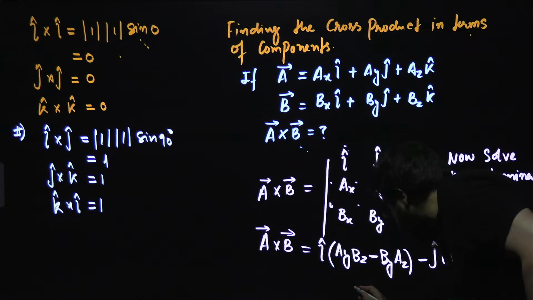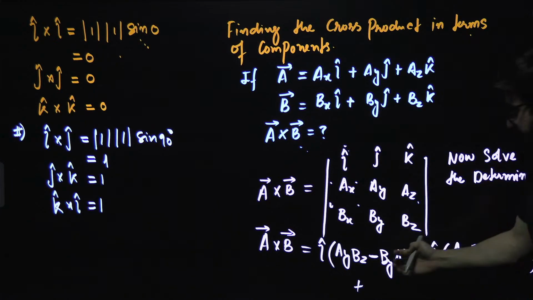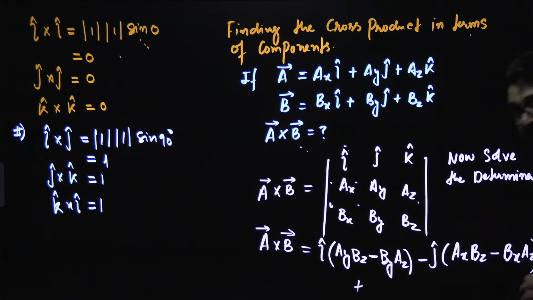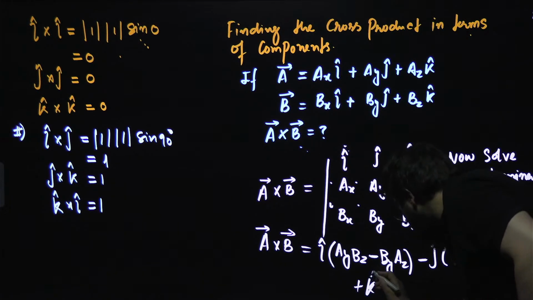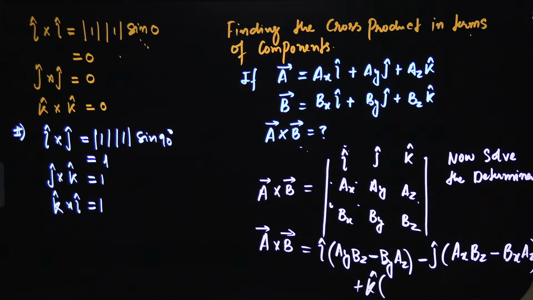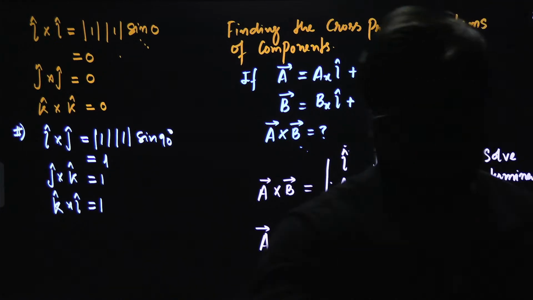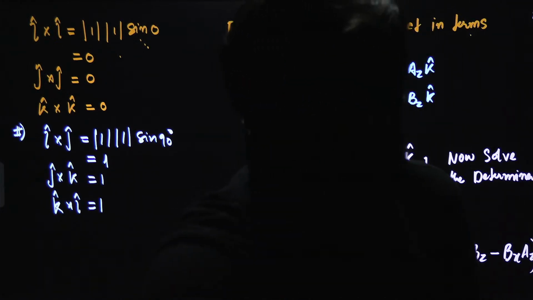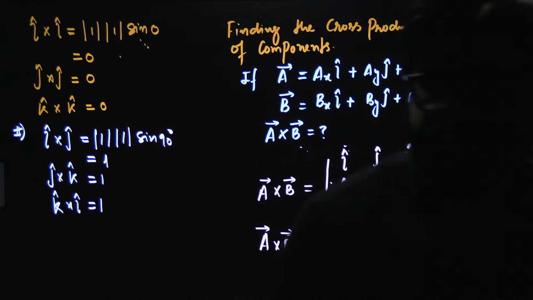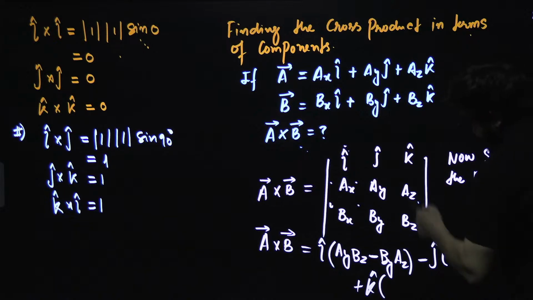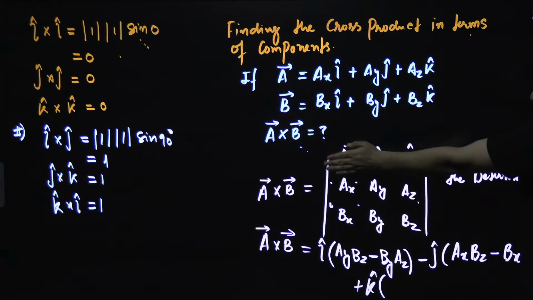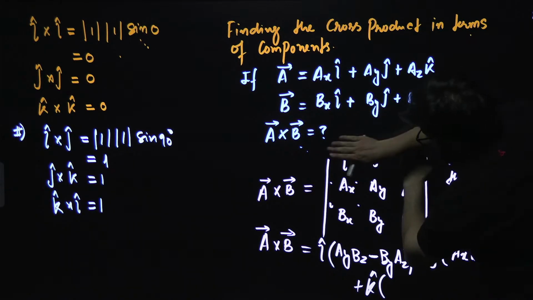Then plus, solve it for K. First you write minus, here you write plus. I hope this is visible. Now K is present in the third column and in the first row, so hide this and this. What remains?